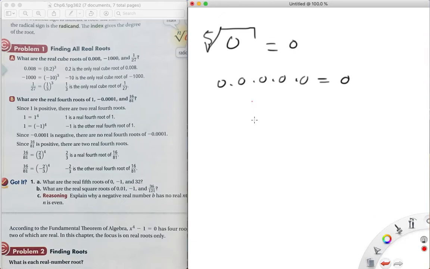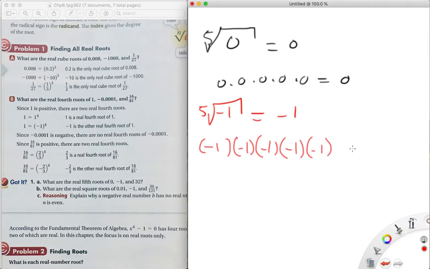They want the fifth root of -1. Now, since this is an odd index, I can have a negative answer. So this would be -1 because -1 times -1 times -1 times -1 times -1 equals -1.